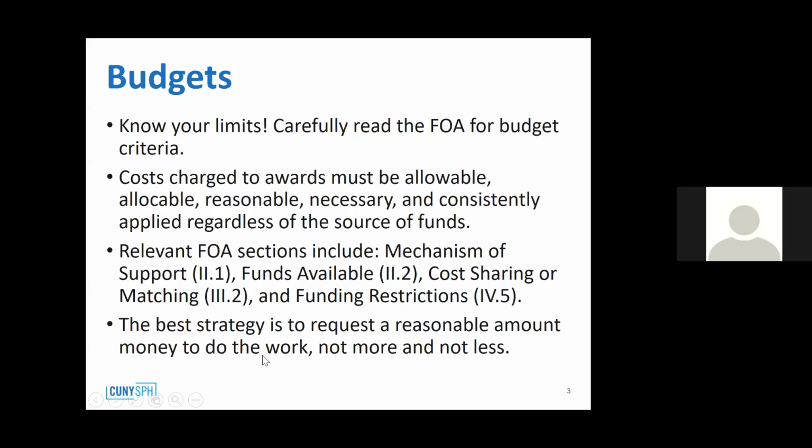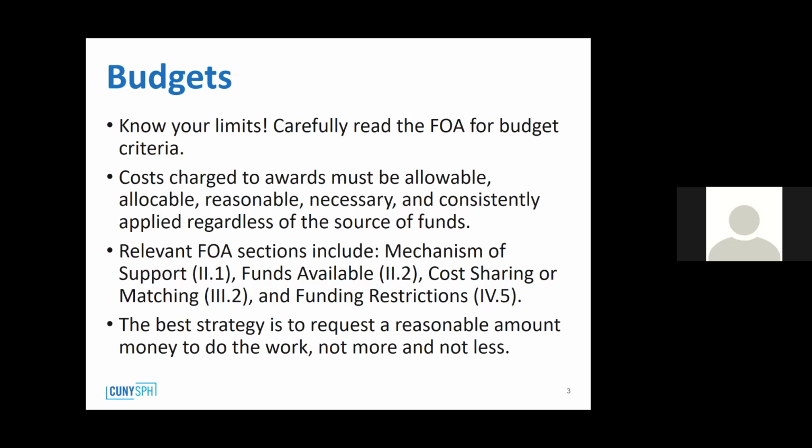So I'm only going to talk very briefly about budgets. Mostly this should be handled by your grants office, but I think it's useful to at least understand about budgets, because remember, if you get funded, you have to manage your budget. Carefully read the funding opportunity for budget criteria. Make sure you know your budget limitations of the mechanism for which you are applying.